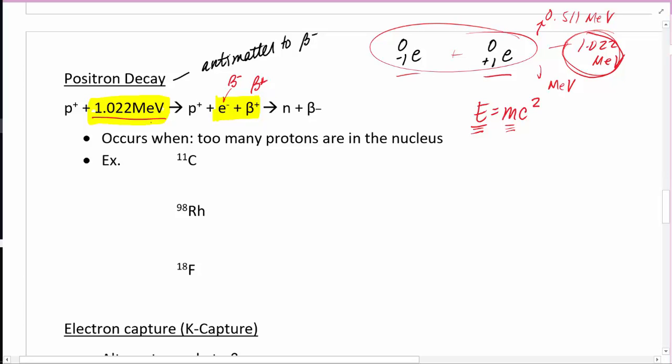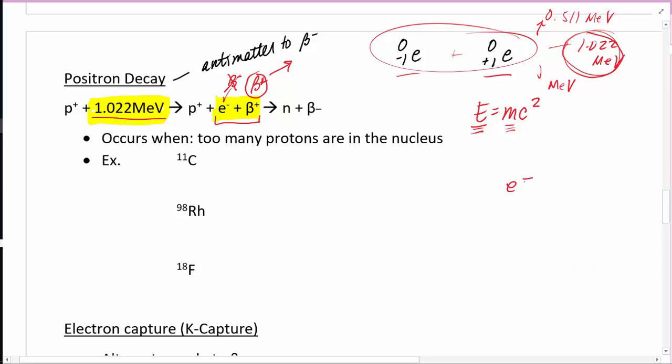So in positron decay, that amount of energy essentially creates the two antiparticles, the beta minus and the beta positive. And in this case, the beta positive is ejected. Now, this isn't truly a beta minus because it's not a high speed particle, and it doesn't leave the nucleus. You guys, that's really the difference.